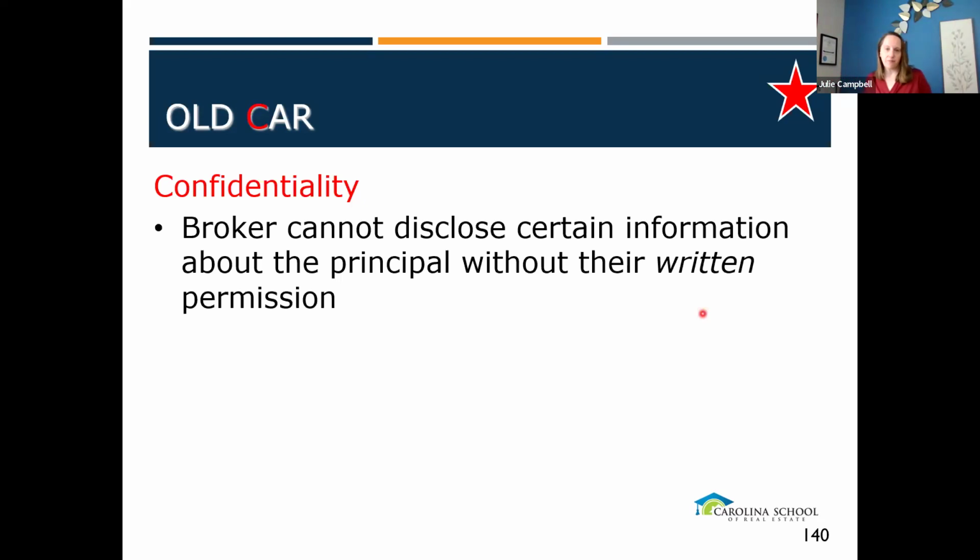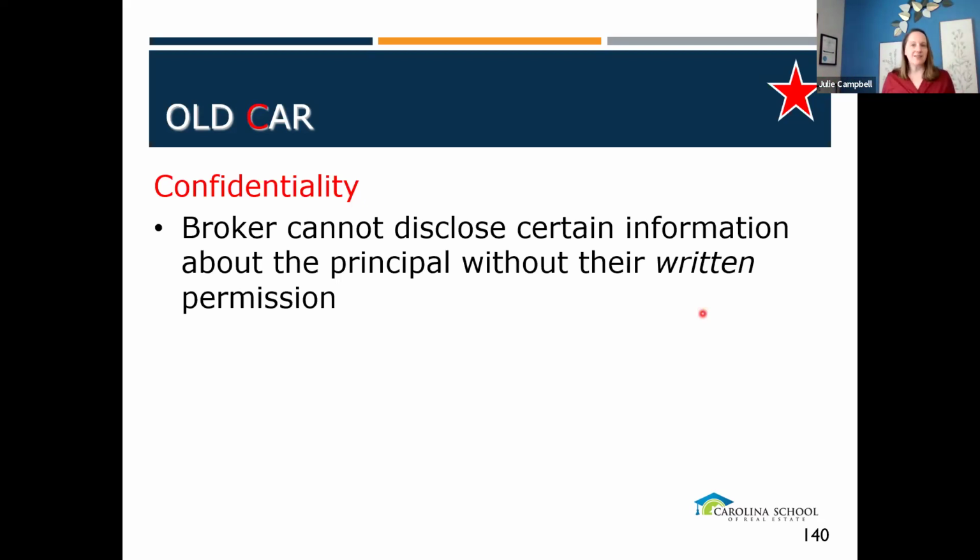Here's a great example. Sometimes you might see properties listed for sale. You're out on Zillow or Realtor.com playing around, and you might see a property listed for sale that says motivated seller. Aren't all sellers motivated? I mean, they put a for sale sign in their front yard, so they're motivated to sell. But what does that say about the sellers that advertise that they're motivated?